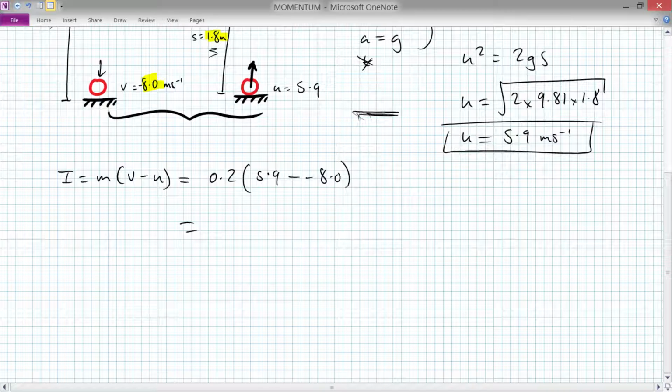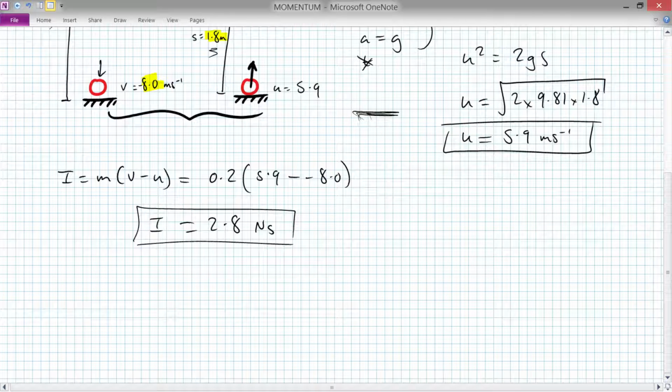So obviously double negative, they're going to add together, which we expect since it ends up with some positive upwards velocity. When you put that in, you'll get an impulse of 2.8 newton seconds or kilogram meters per second, whichever you like. So that's positive, it ends up upwards. That's our change in momentum experienced by the ball.